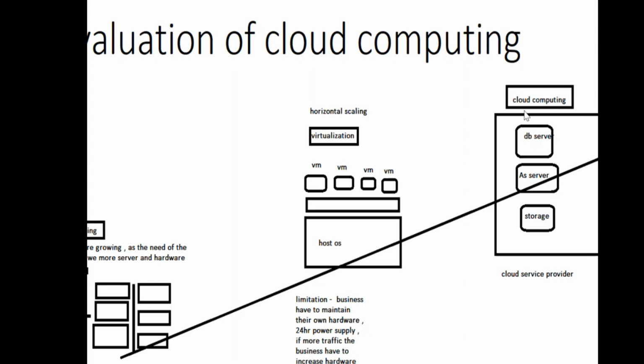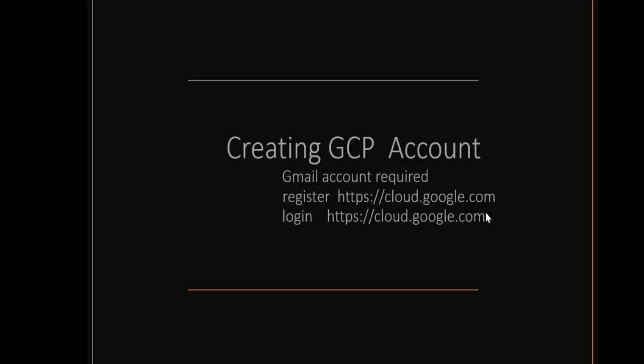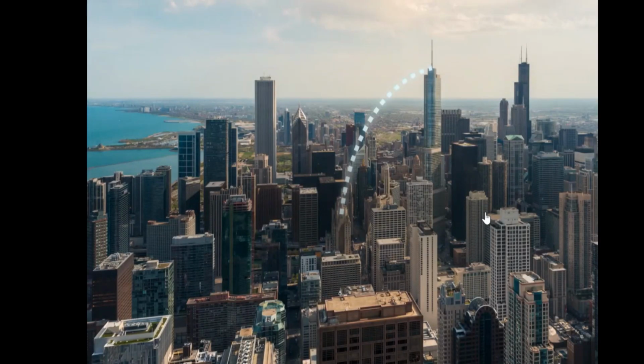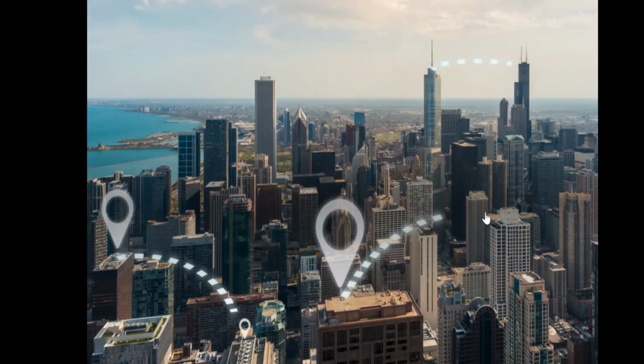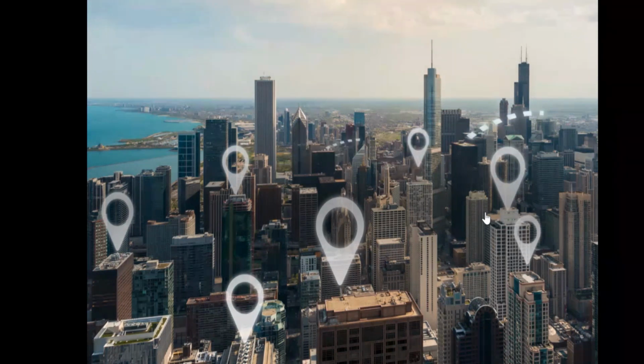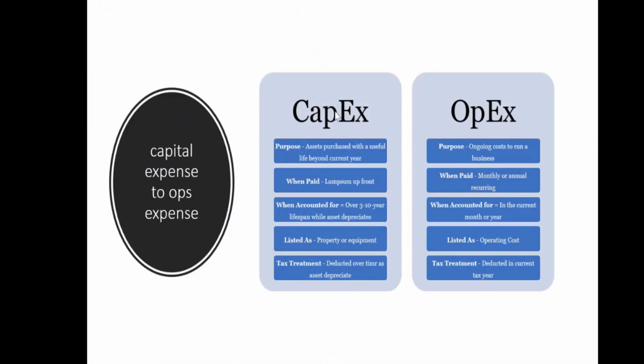IT companies just use the services, and once it is done, they return it, close it, or delete it. That is what we are talking about here: we are moving from capital expenses to operational expenses.